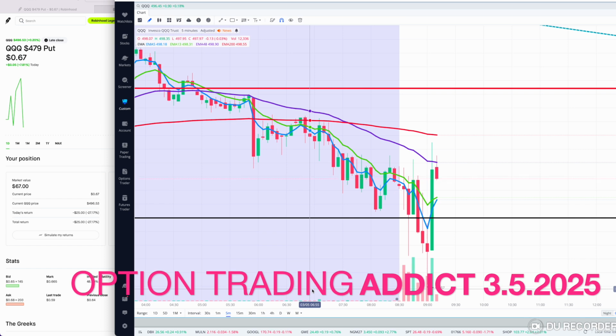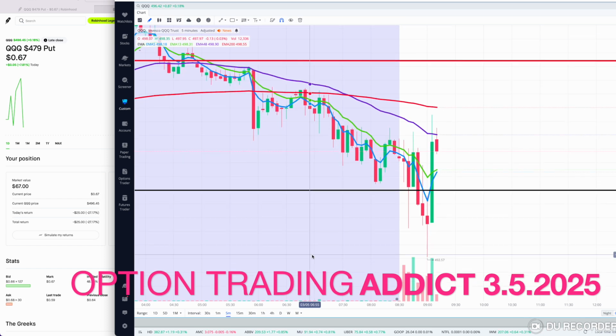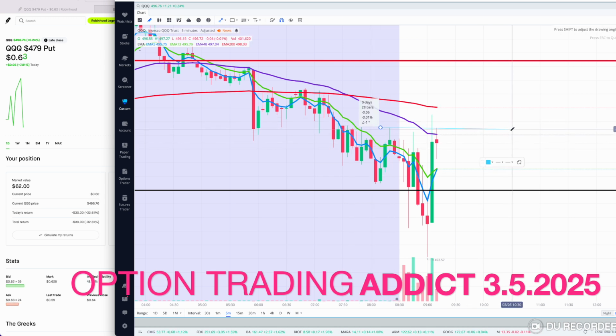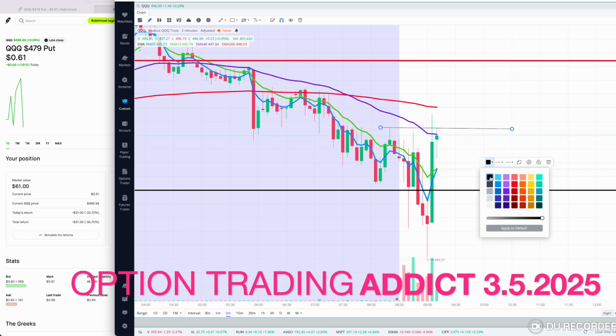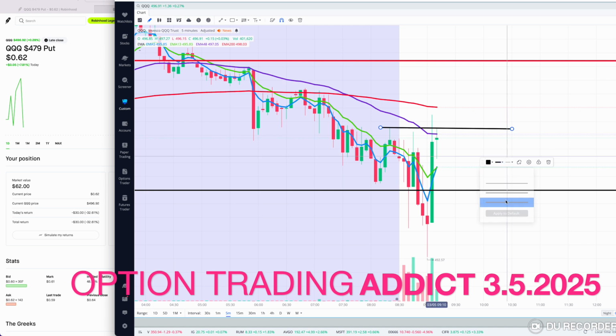I would love for that red candle to just plummet on down and continue to the downside for that 513 cross and not go back up. I will say that this area right here is probably what's giving us some struggle to the upside.